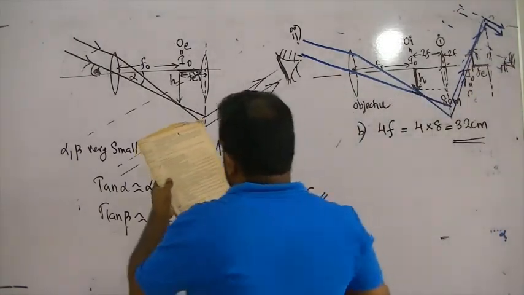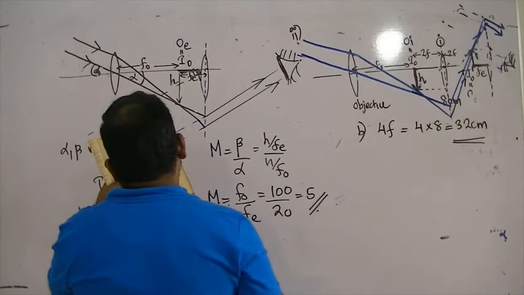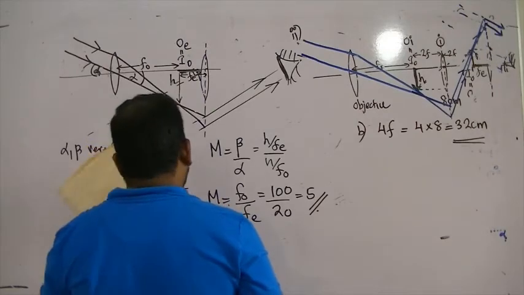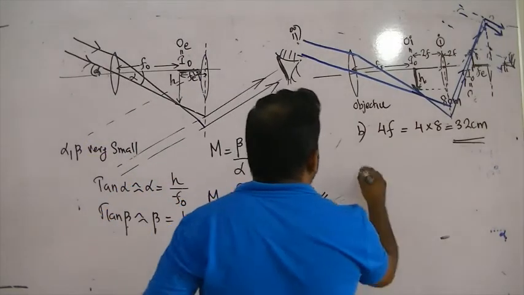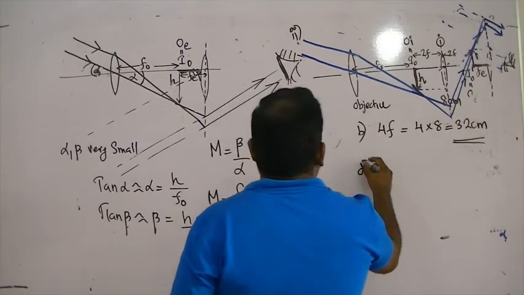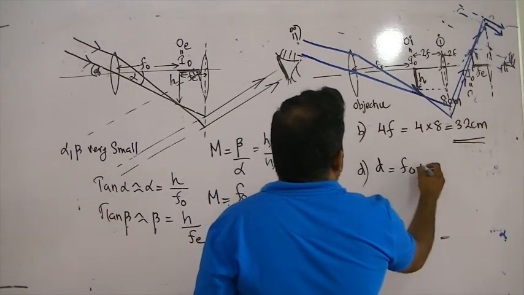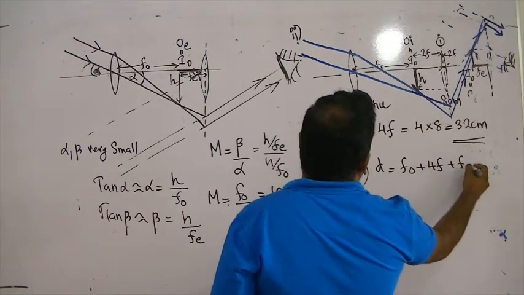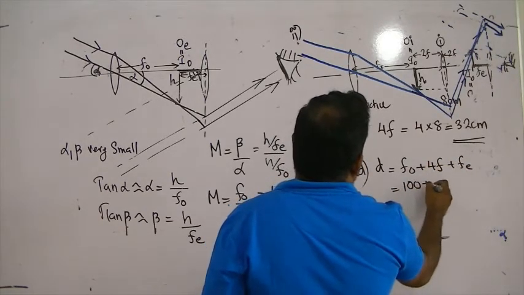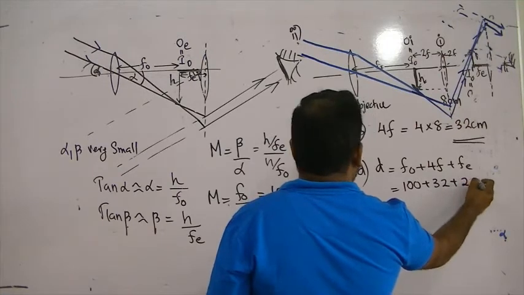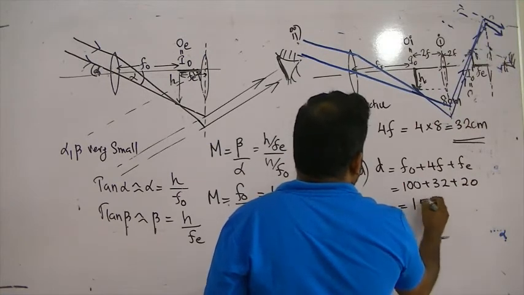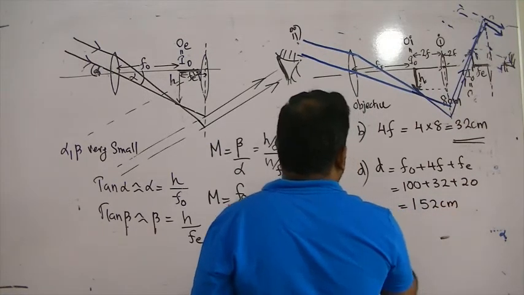Calculate the distance between the objective and the eyepiece and the magnifying power of the telescope. Distance between the objective and the eyepiece is f0 plus 4f plus fe, 100 plus 32 plus 20, 152 centimeters. What's the magnification?